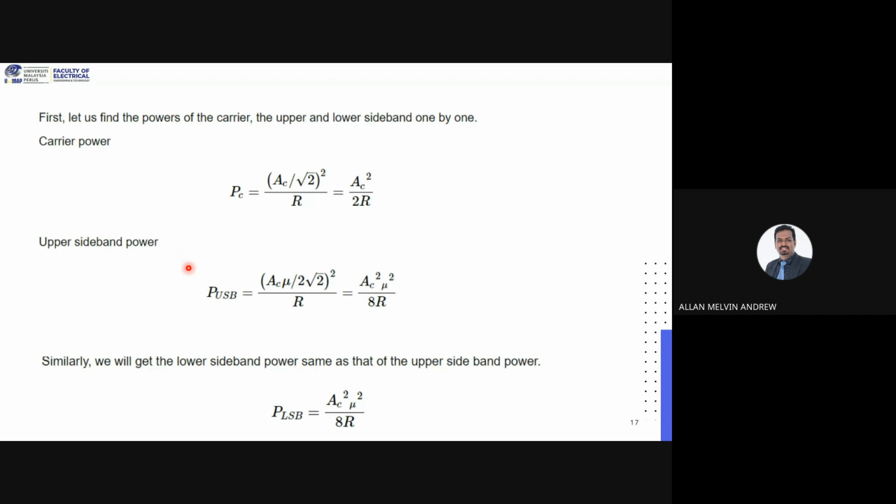For the upper sideband, PUSB equals AC mu over 2 square root of 2, squared, over R, so you will get AC square mu square over 8R. The lower sideband is also AC square mu square over 8R. So you can see both are the same: the upper sideband power and the lower sideband power are the same.